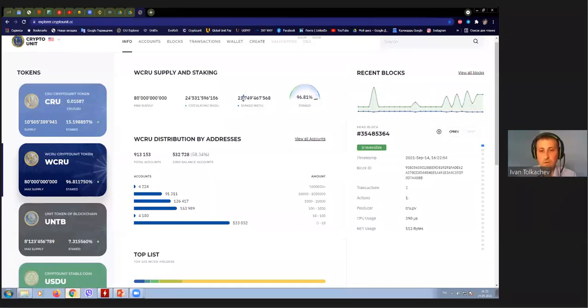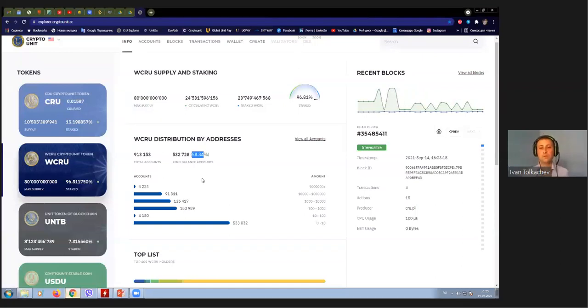And we see that almost 1 billion tokens are not staked, which means that there are a lot of people who at present hold these tokens but do not generate profits. What do we need to do to stake them so that they are profit making?